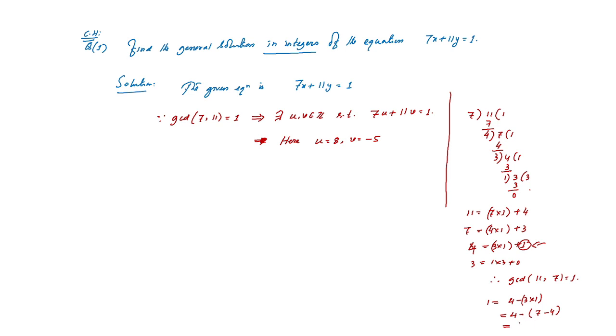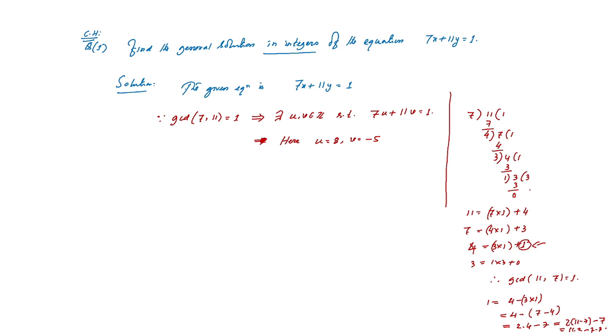So this will be 2 into 4 minus 7. Then 4 means 11 minus 7. So 2 into 11 minus 7 minus 7. So that means you can write here 11 into 2 minus 7 into 3. Okay. So that is also the solution.